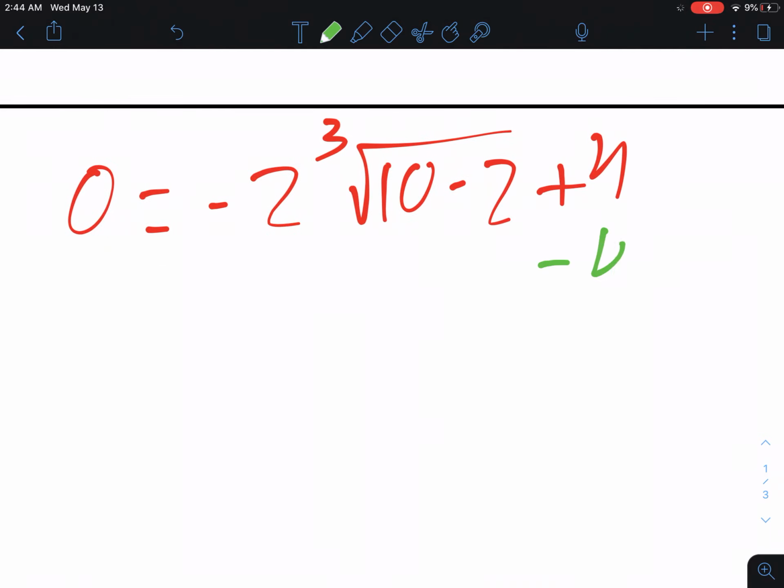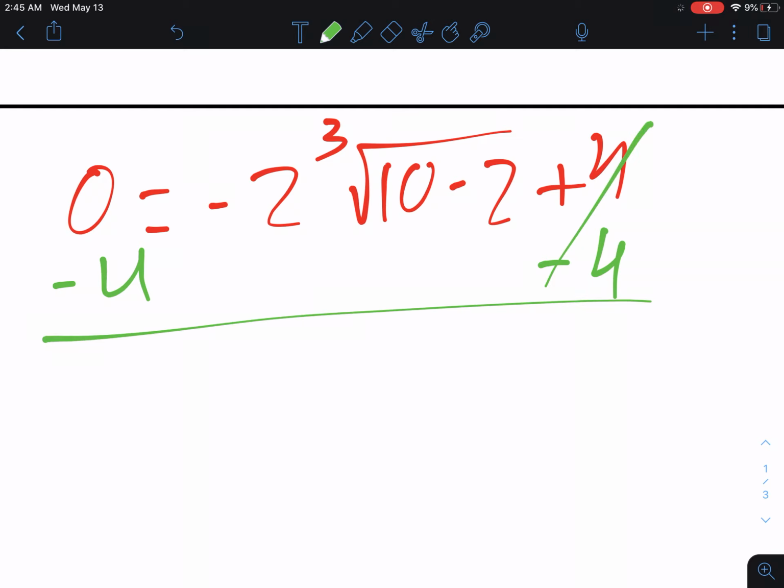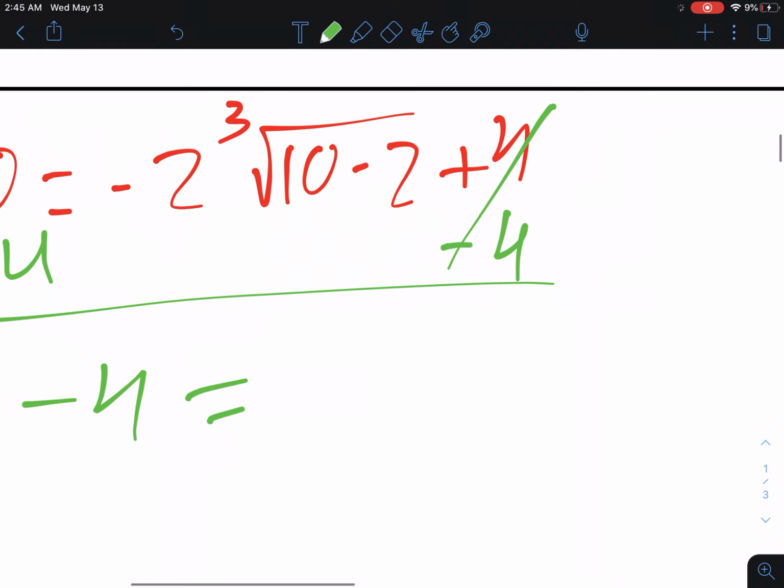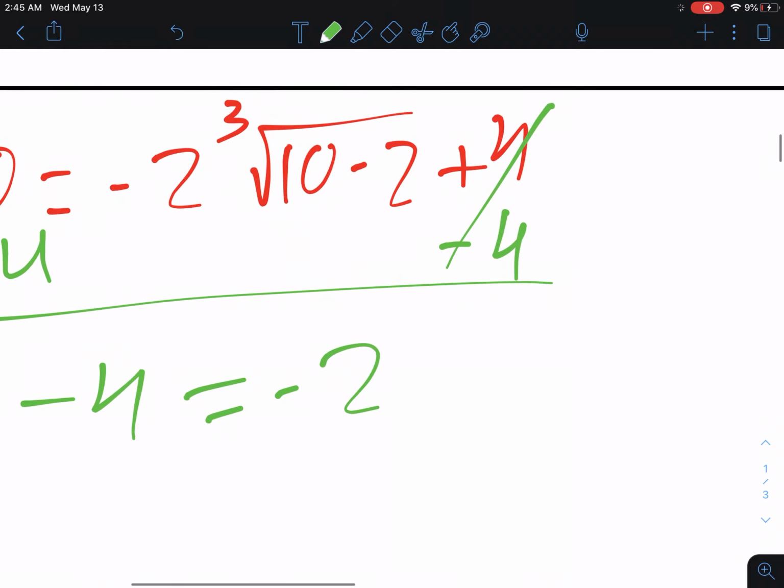Now we have to subtract 4 from both sides. So 4 minus 4 cancels out. And then 0 minus 4 equals -4. So -4 equals -2 times the cube root of 8, because 10 minus 2 equals 8.